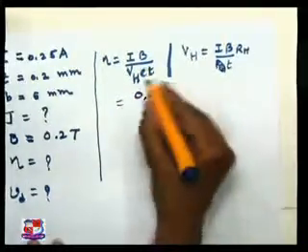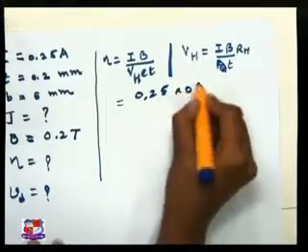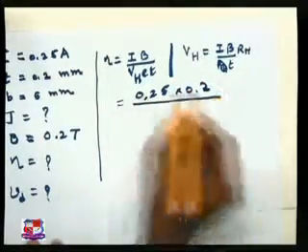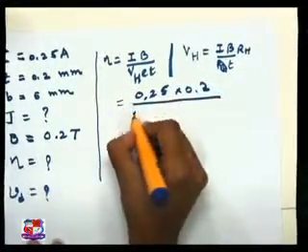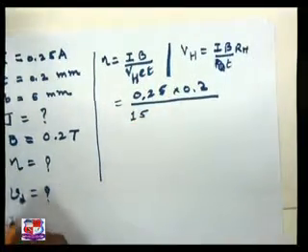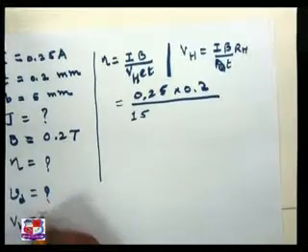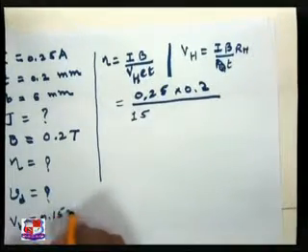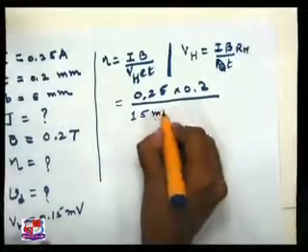0.25 current, B is what? It is 0.2 Tesla, divided by V H value, which is given as 0.15 millivolt.